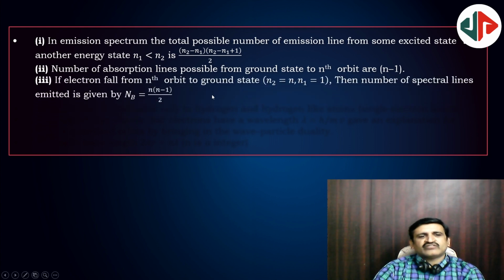And if the electron falls from the nth orbit to the ground state, the number of spectral lines emitted is n into (n minus 1) by 2. This is the number of spectral lines emitted if it is falling from the nth orbit to the ground state. Okay, next.